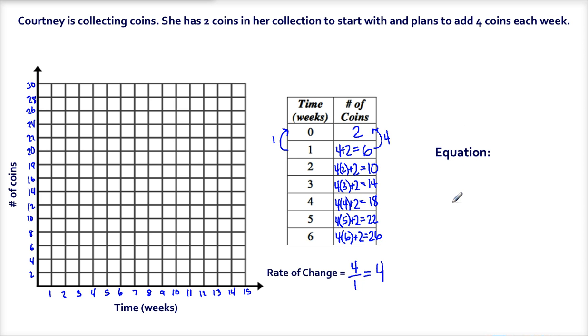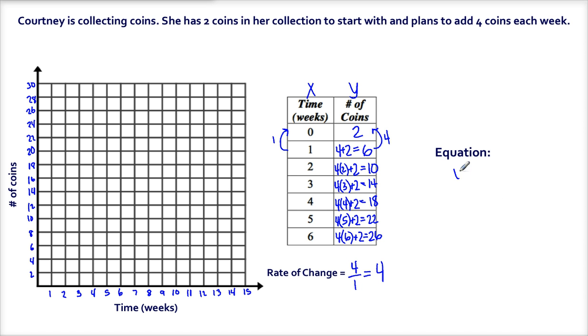Let's do our equation next. Once you see the pattern that your table is following, the equation is just going to follow that. This is our x column, so x is going to represent the number of weeks that have passed, and this is our y column, so y is going to represent the total number of coins.